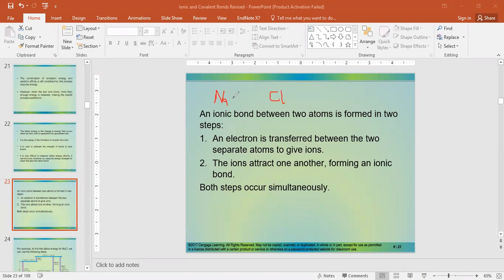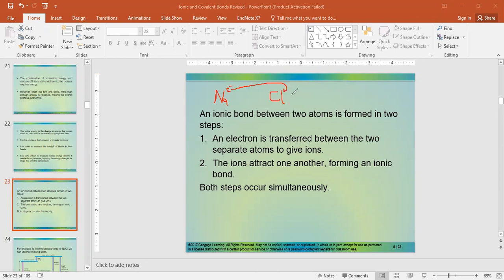These are in their natural state, but they still require some exchange of electrons. So the first thing we're going to have is the transfer of electrons. An electron is transferred from sodium to chlorine.